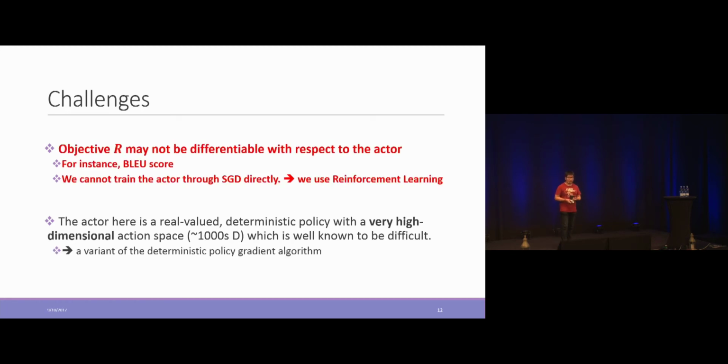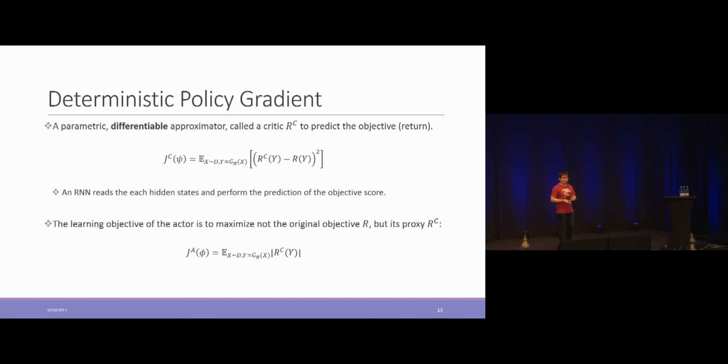To tackle that, we first introduced using reinforcement learning to train the actor. Here we specifically use deterministic policy gradient. To use the deterministic policy gradient, we need to design another network, which is a parametric differentiable estimator called a critic, to predict the objective, or what we call the return.